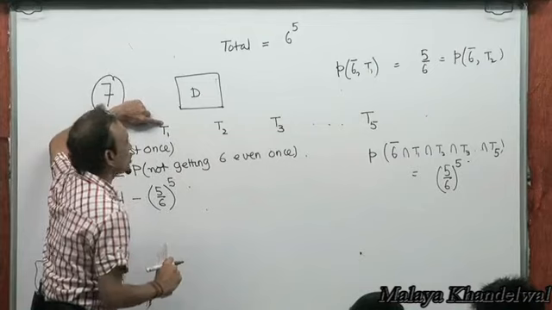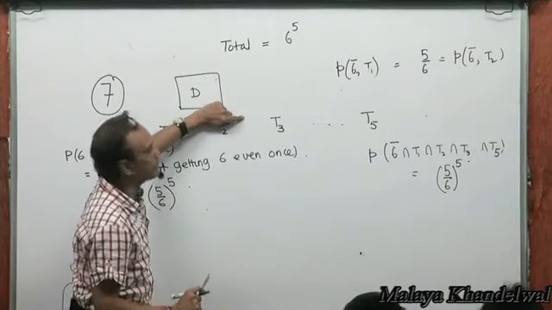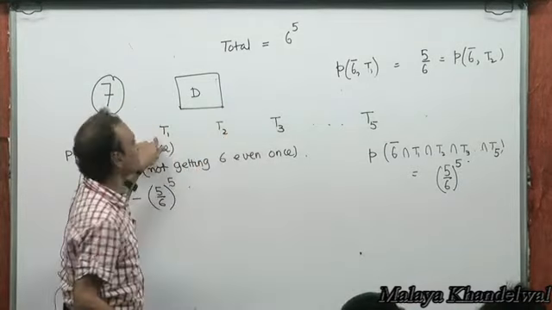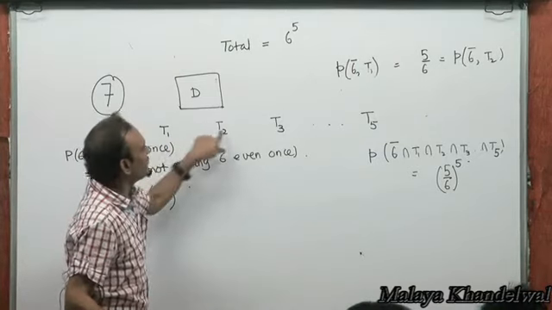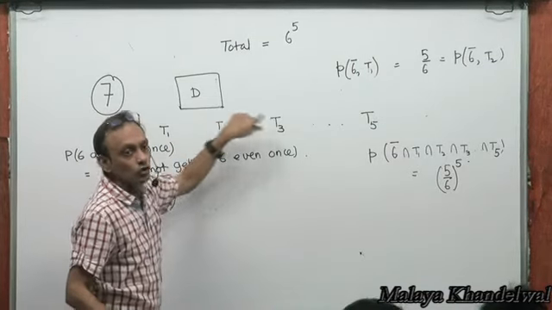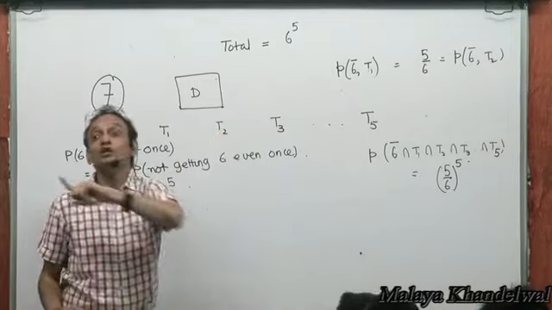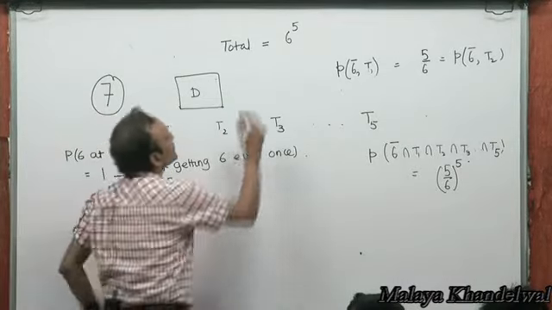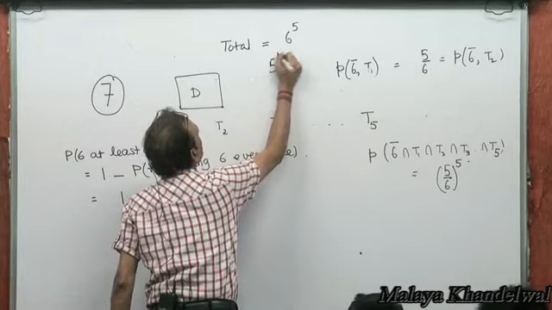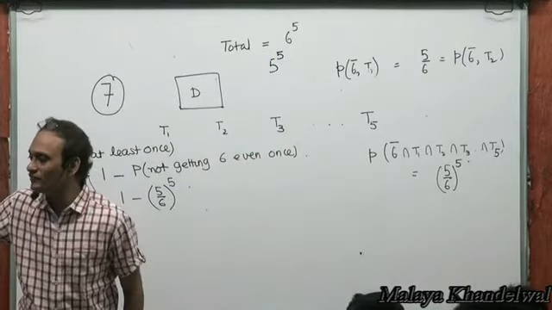Because there are 5 ways that 6 will not appear in T1, 5 ways in which 6 will not appear in T2, and so on. So the total number of ways in which 6 will not appear in any trial is 5 to the power 5.